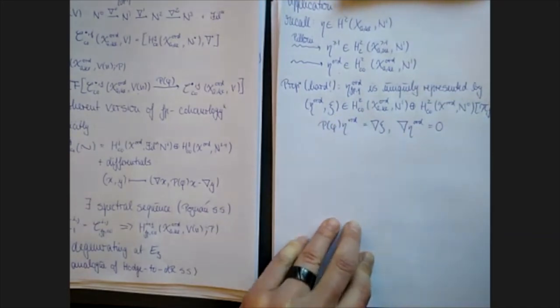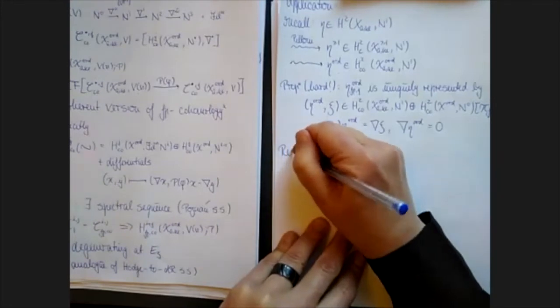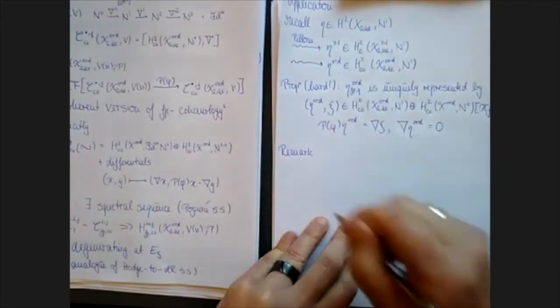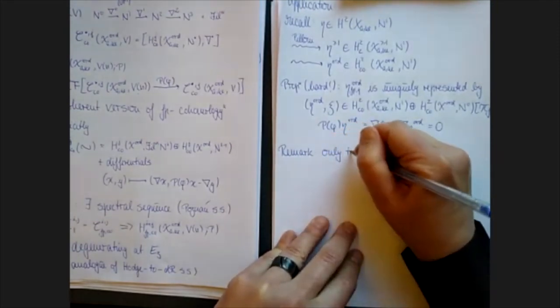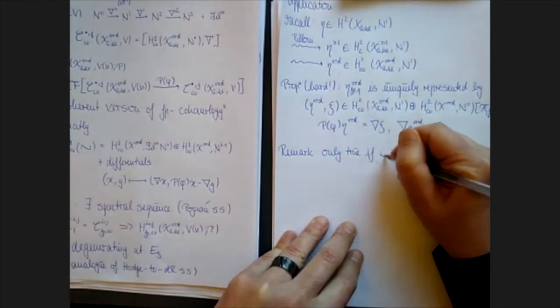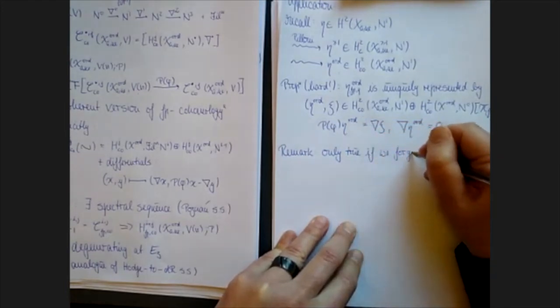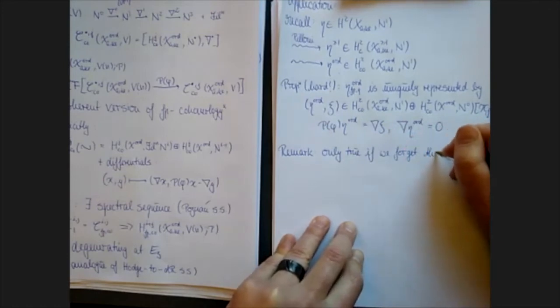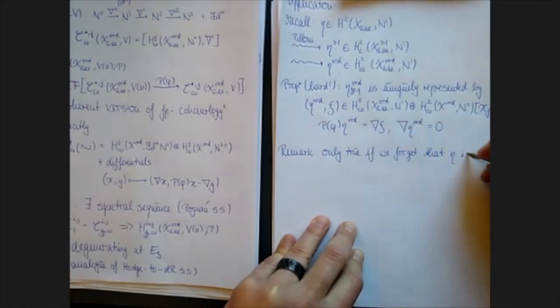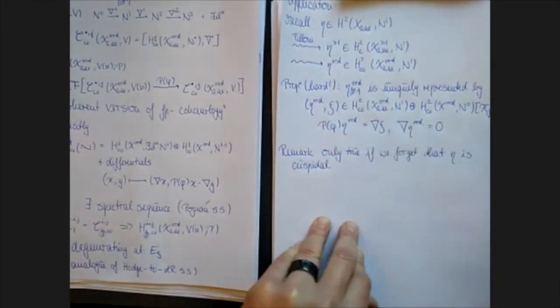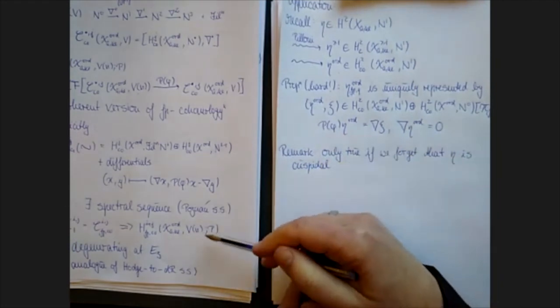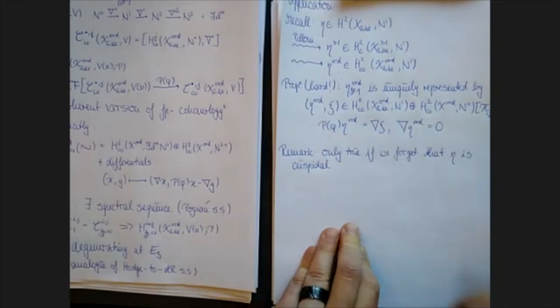So let me just make one remark, namely about issues with the cuspidal boundary. This result is only true if we forget that eta is cuspidal, because we need certain results on the degeneration of the Poznan spectral sequence, and this is only true if we do not assume any compact support towards the cuspidal boundary.